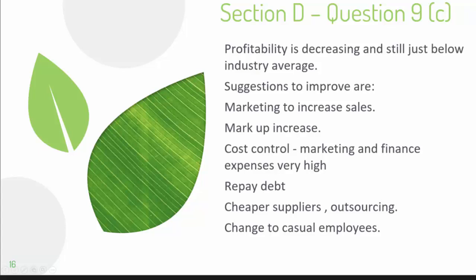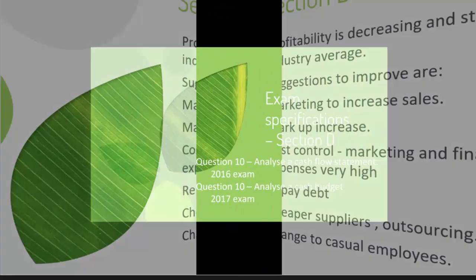In some instances, you can also change to casual employees. In a practical sense, that has got disadvantages, but from a financial point of view, they're all valuable and valid suggestions to make, which if you then explain them in context, especially in relation to the figures that were presented, then you would get full marks.